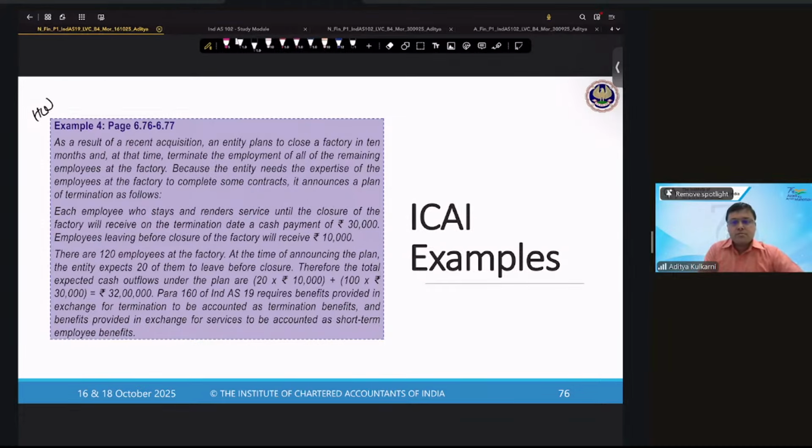Ayush, Bibhu, Sanjay, Leela, any doubts? Anything you want more explanation or clarity on? Yeah, Ayush, tell me.